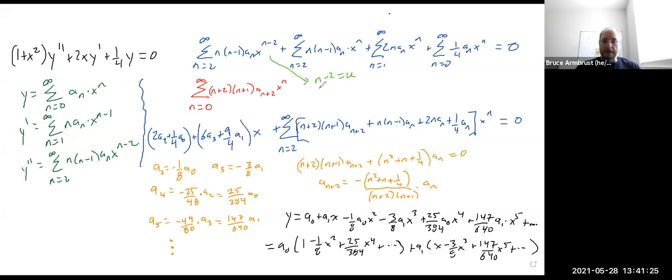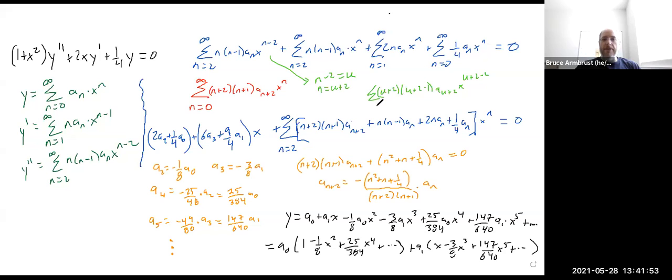So that tells me that n is going to equal u plus 2. So in my sum, I can replace all of those n's with u plus 2. So I get u plus 2, u plus 2 minus 1, a sub u plus 2, x to the u plus 2 minus 2.